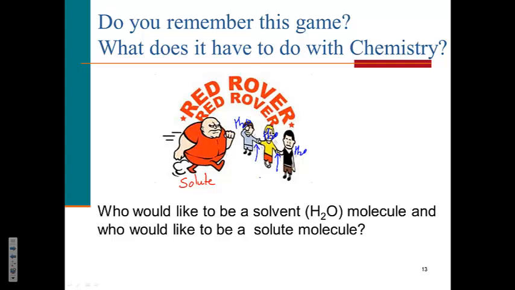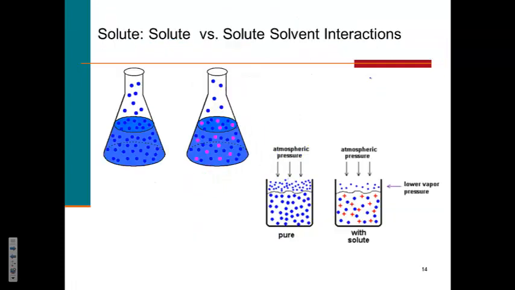This solute-solvent interaction is going to be stronger. The solvent-solvent interaction, the hydrogen bonds that exist between water molecules, is weaker.